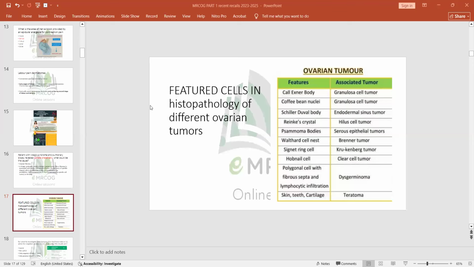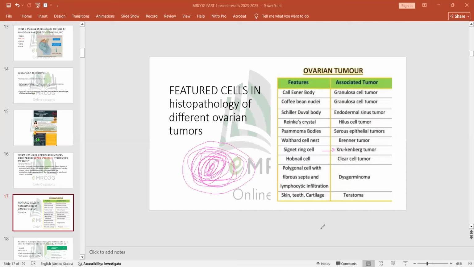Even they can bring you a picture. I forgot to put this picture. This picture also was an exam question. A cut section like this, and it was full of laminated pink material like this. This is Psammoma body. Very famous, okay? Signet ring cell, Krukenberg tumor.